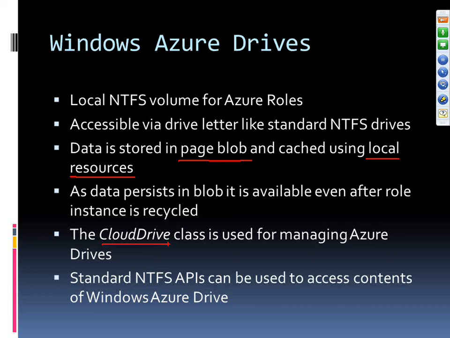In a similar way, when you mount a VHD onto Azure, you will have drive letters assigned to it, and then you can use standard NTFS file IO APIs to access the contents of the drive, just like you access content from your local file system. So Windows Azure Drive helps existing applications quickly mount onto Windows Azure.